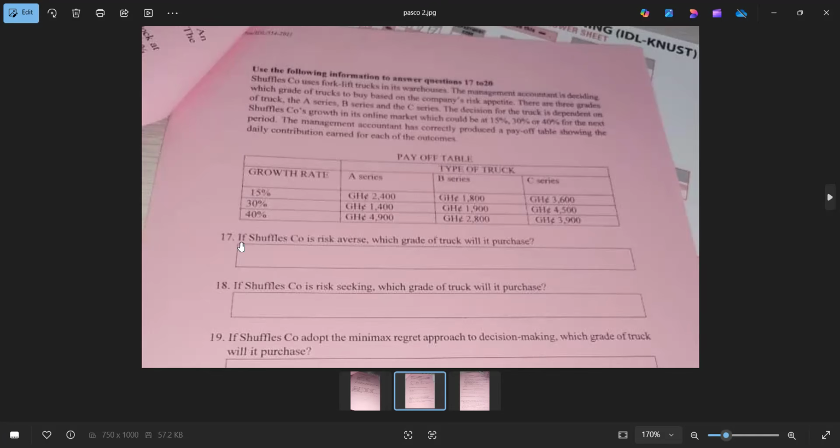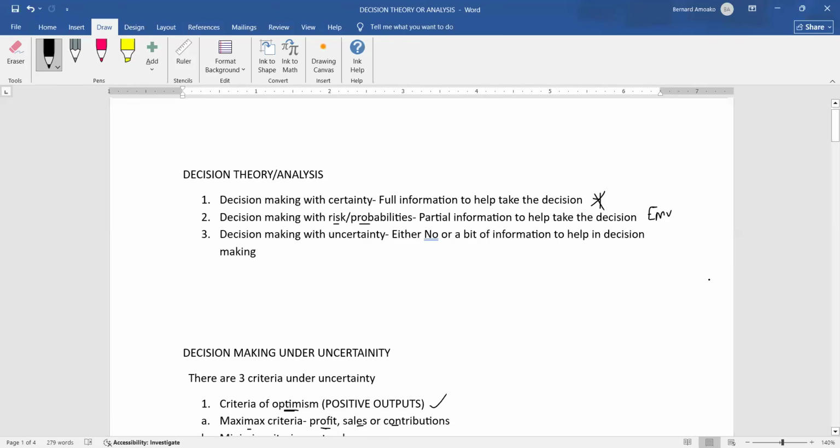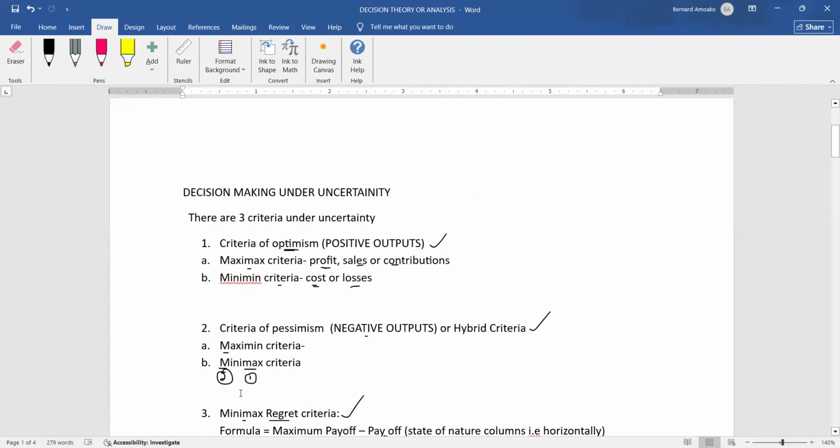Now the first question is, if Shuffle Co is risk averse, which grade of truck will it purchase? Risk averse is someone who is pessimistic. So we'll be using the maximin. We'll first select the minimum values, after which we'll look for the maximum out of it.